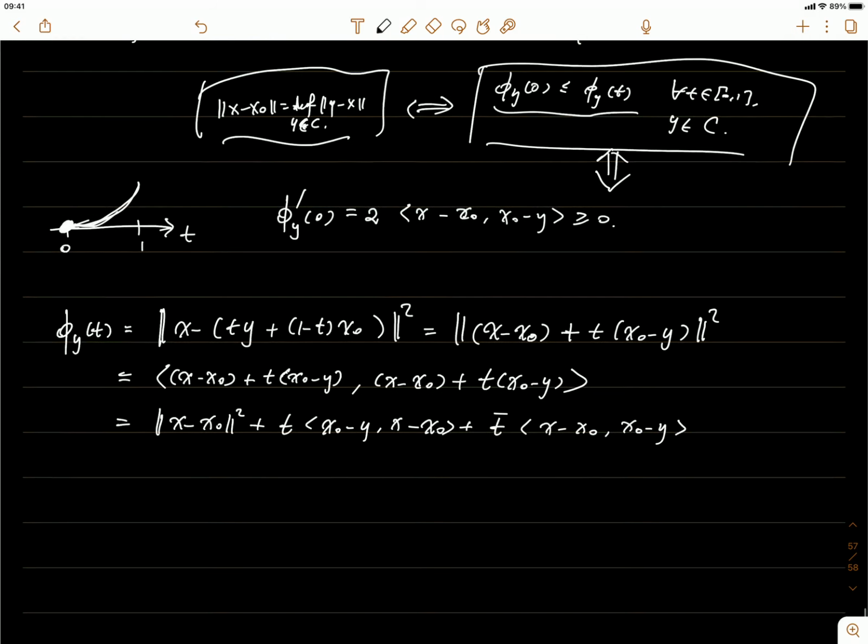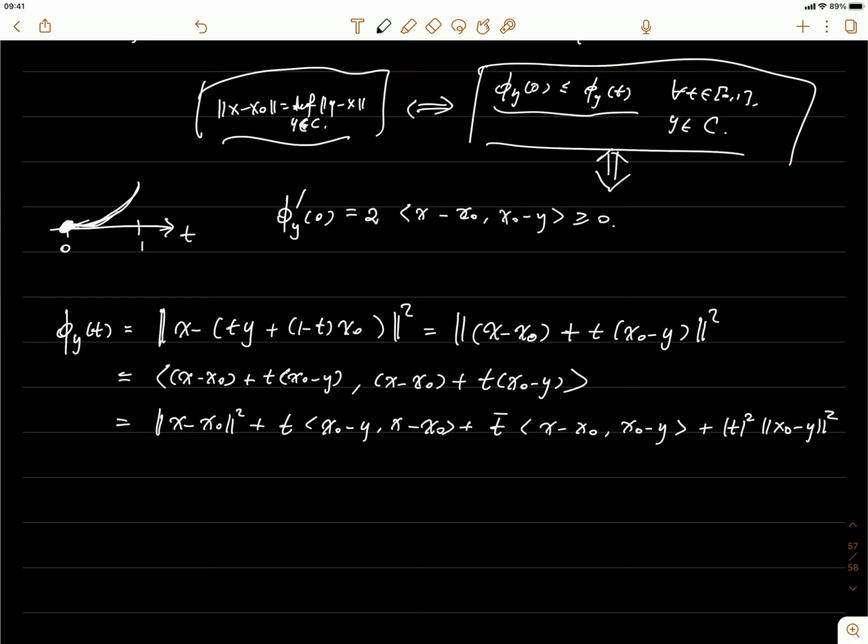Okay, you just conjugate over the previous one, and then what I get, this is plus t squared x naught minus y squared.